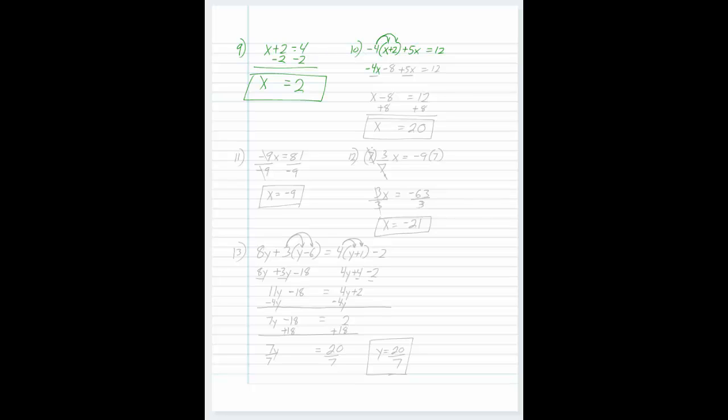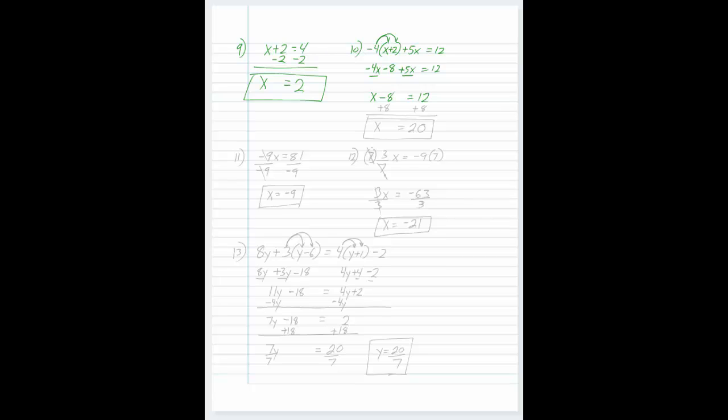Negative 4 times 2 is negative 8. Right now, what I'm going to do is combine negative 4x and 5x because they're like terms. Negative 4 plus 5 is 1, so I'll just write x minus 8 equals 12.